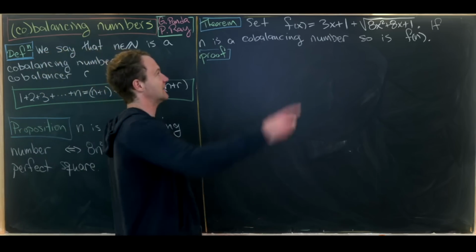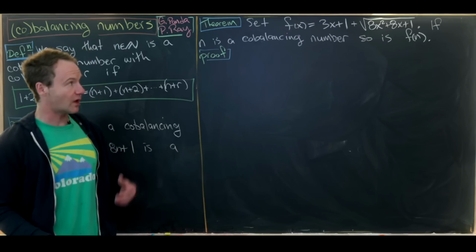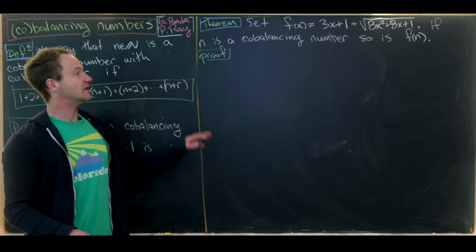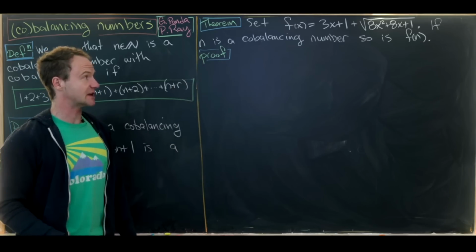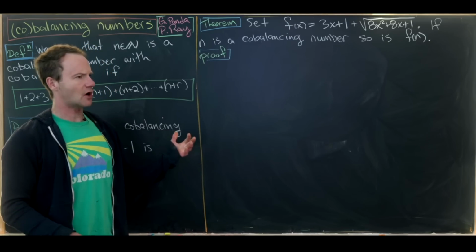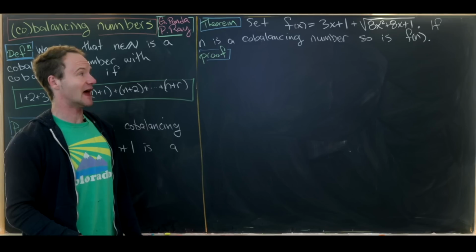And it says that if we define a function f to be 3x plus 1 plus the square root of 8x squared plus 8x plus 1, then if n is a co-balancing number, so is f of n. So that means all you have to do to make a new co-balancing number is apply this function f again.